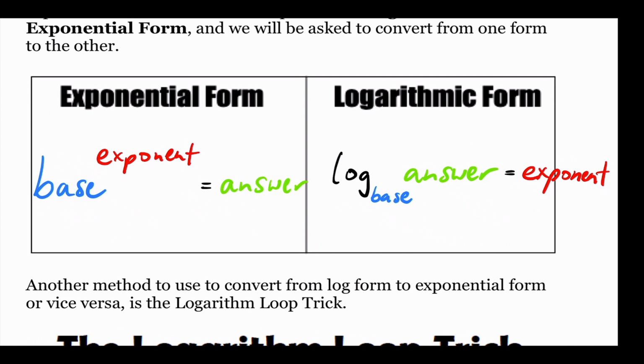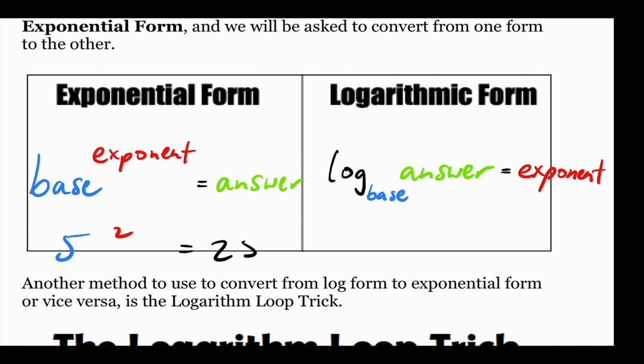Okay? They still have the same parts. They have a base, they have an exponent, they have an answer. They're just in different spots. So like the one that's on the board, 5 to the second power equals 25, right? A log just says, okay, well, 5 goes down here. 5 is the base still, but it goes down there.